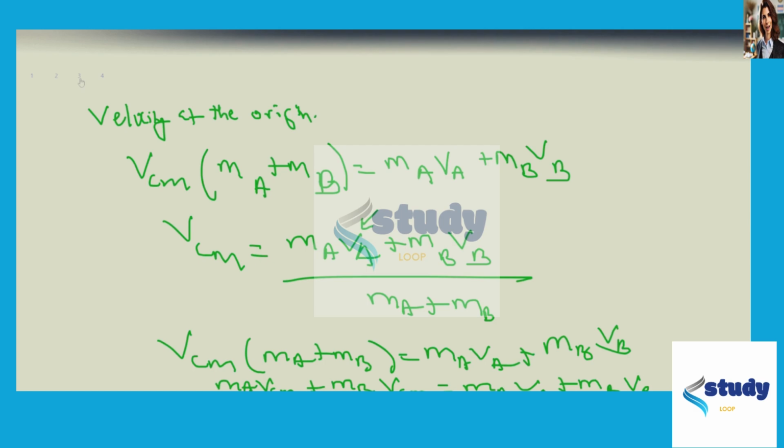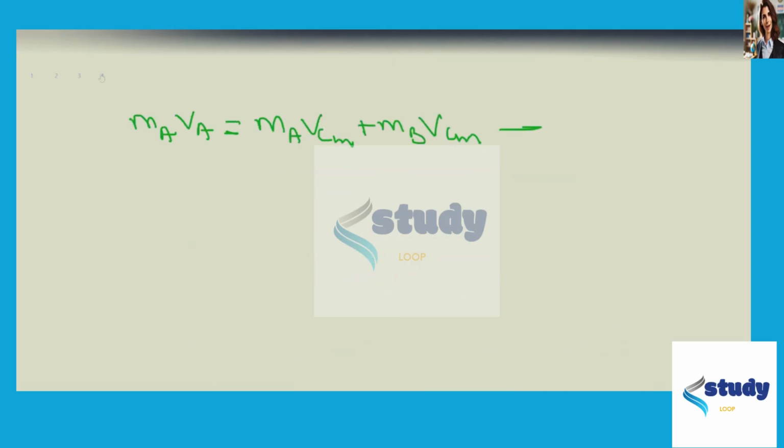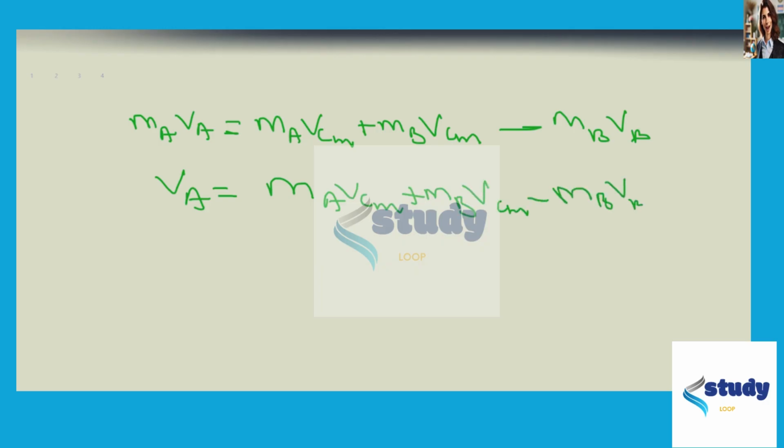And then minus, it's going to be a minus because this one moves all the way to the left, so it's going to be a minus MBVB. Okay, so VA has to equal MA VCM plus MB VCM minus MB VB over MA.